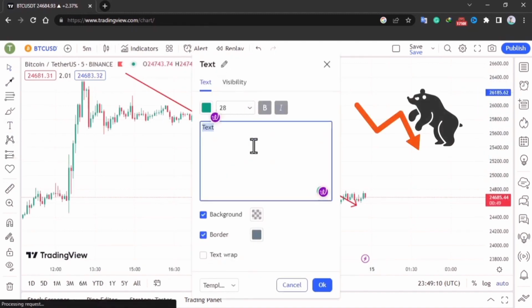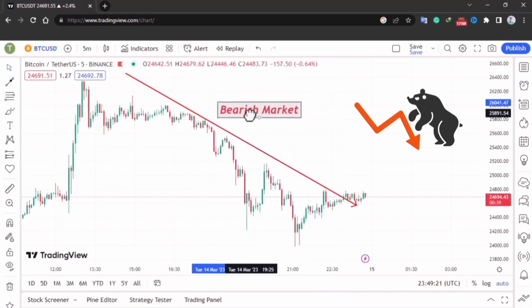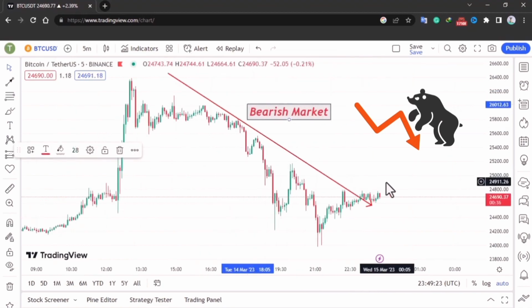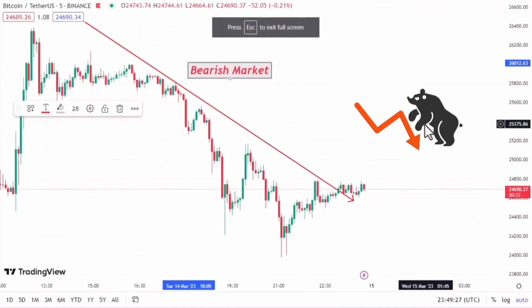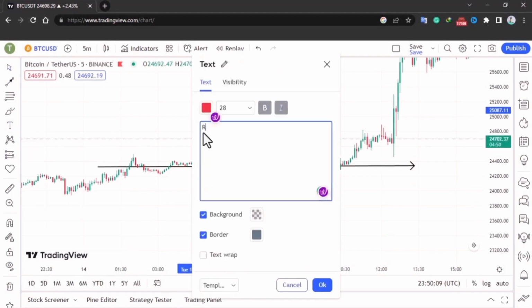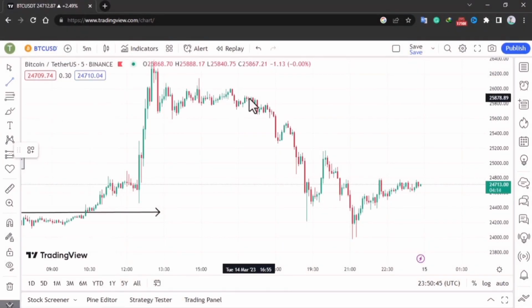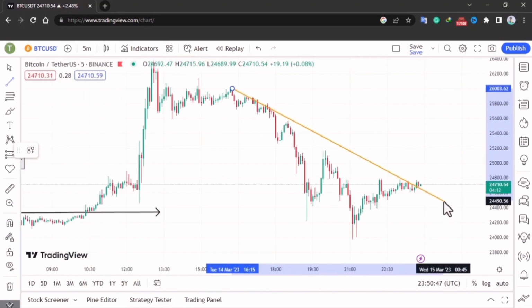It's exactly the opposite of bullish market. And it's like a bear is trying to attack the price with its claws and pushing the price going down and down and more down. And then we have the range market when the price is going sideways. So we use a trend line, as you can see here, to mark a trend.